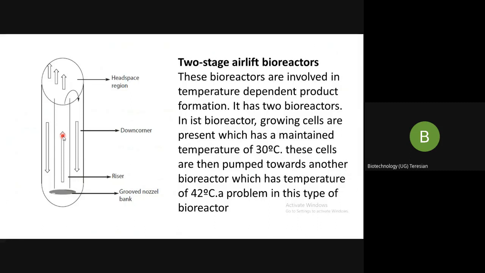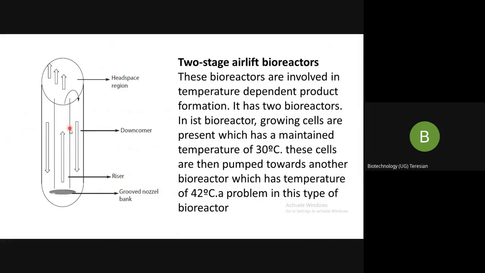So I shall repeat again. This is the picture of the airlift fermenter. The liquid culture volume of the vessel is divided into two interconnected zones.